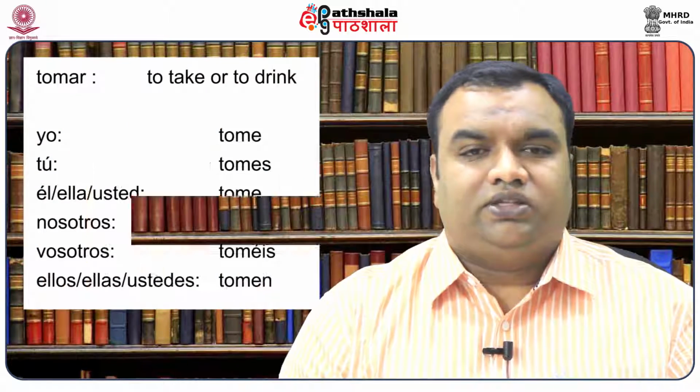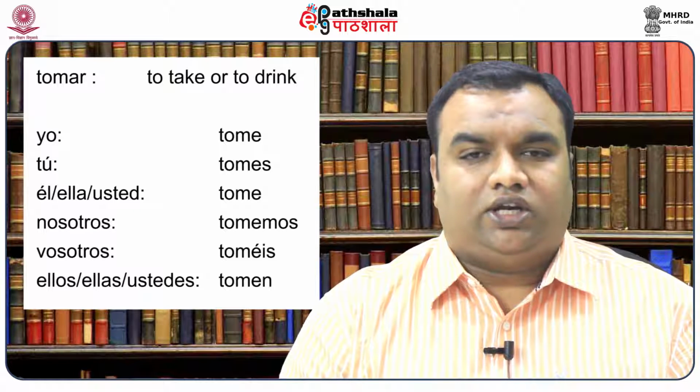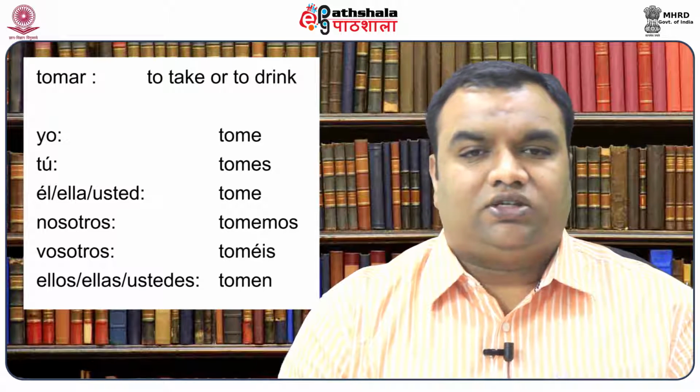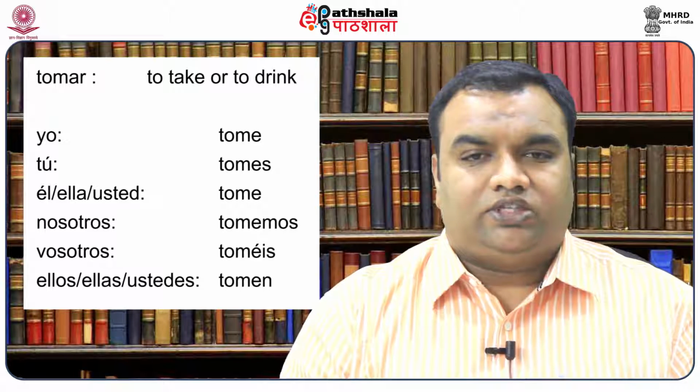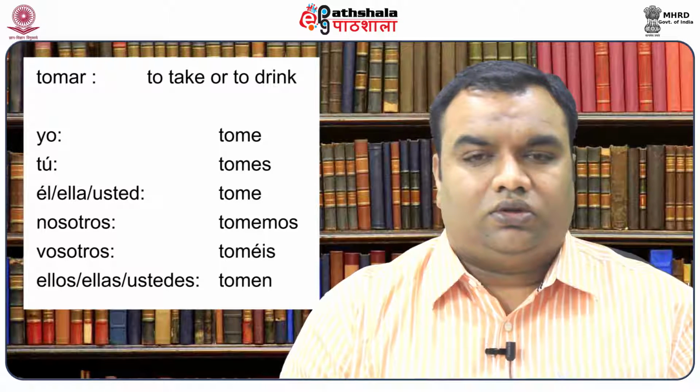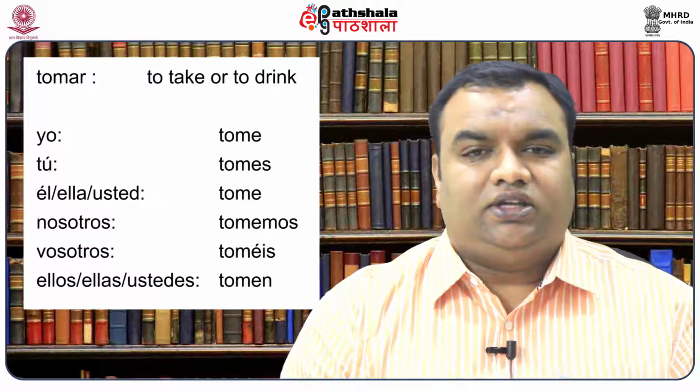Another example we can do is of the verb tomar, which means to take or to drink. We follow the same process and start with the first form in the indicative of the verb, which is tomo. We remove the final O and add the ER endings to the stem.